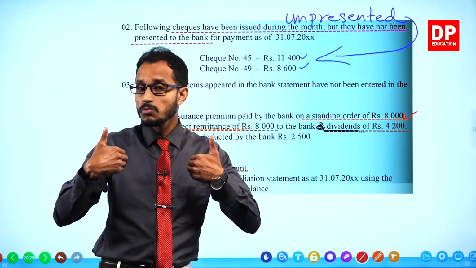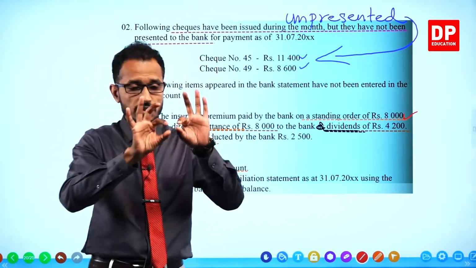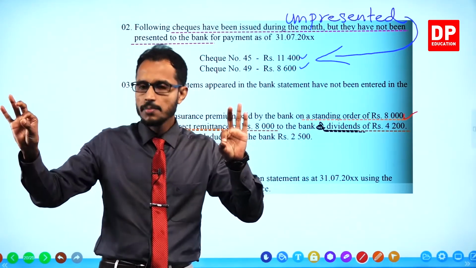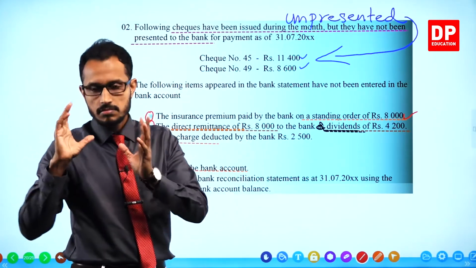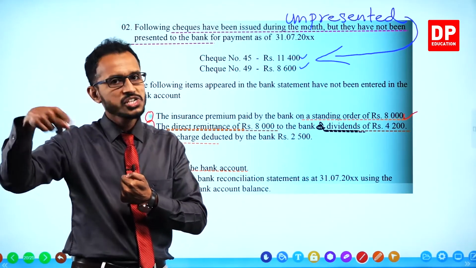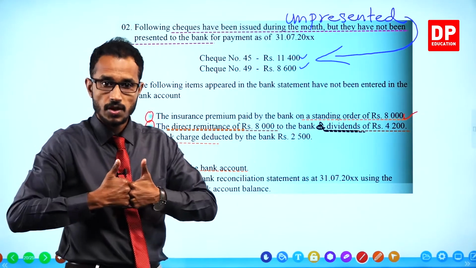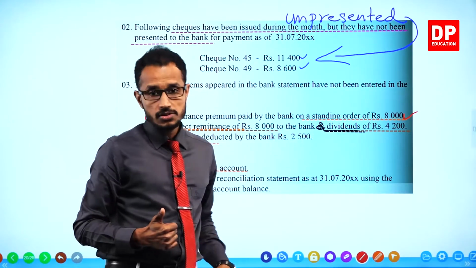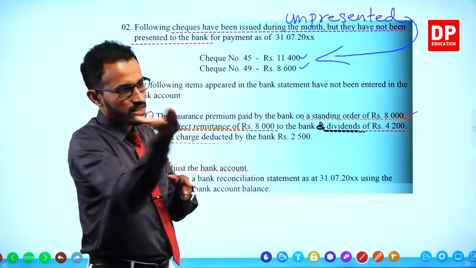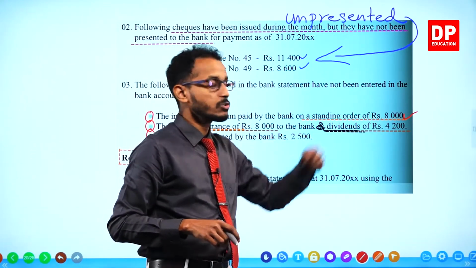So we become shareholders of Sampath Bank. At the end of an accounting period, let's say 1 year, out of the entire profit of the bank, we get our share of the profit, because we are shareholders now. Those profit shares are called dividends. Dividends are directly sent to the shareholders' bank accounts by that company. Likewise, we have got dividends of 4,200.